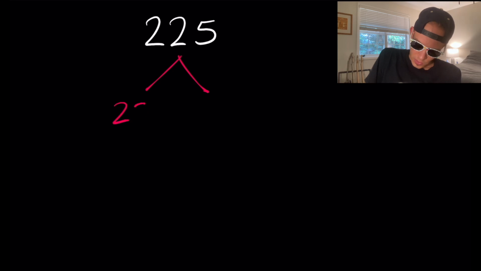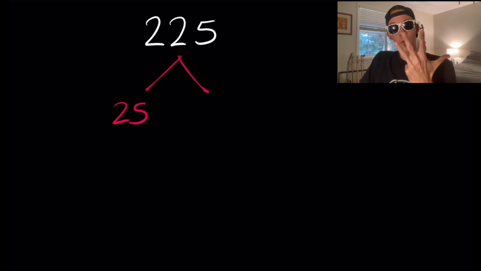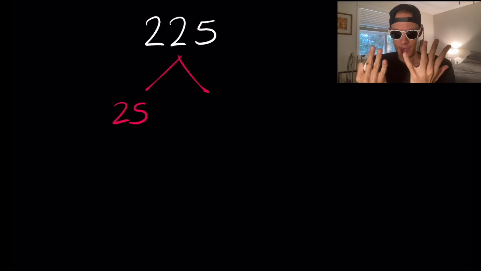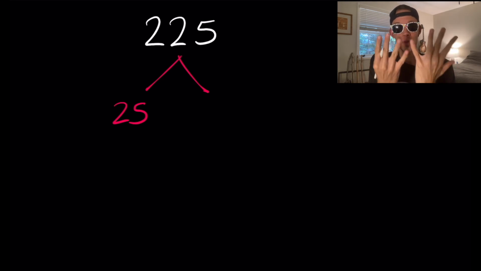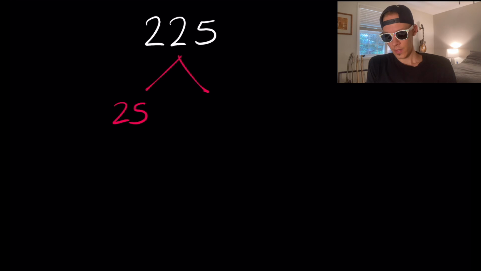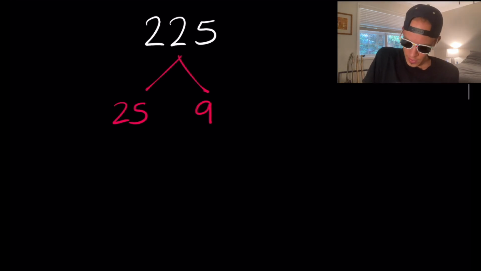So I'll split that up into 25 times, well, I know 25 times 4 is 100, and then add another 4, 25 times 8 is 200. So if I add one more 25, that gives me 9 25s, that'll be 225. So 25 times 9 is 225.